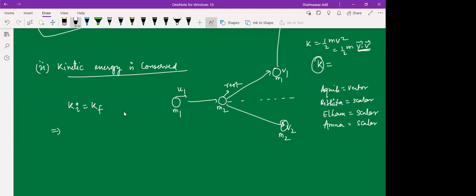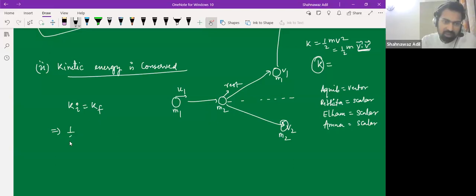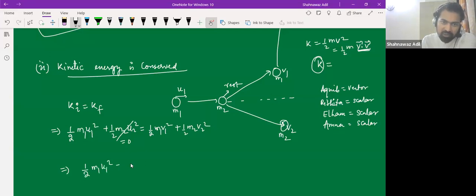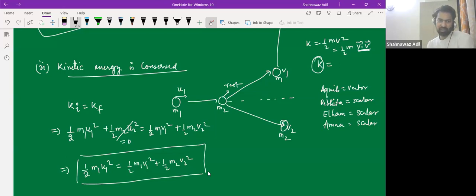In this case, kinetic energy would be, I'm writing it directly, half M1 U1 square plus half M2 U2 square, equal to half M1 V1 square plus half M2 V2 square. U2 is 0, so that term is cancelled and I have half M1 U1 square equal to half M1 V1 square plus half M2 V2 square. This one is the third relation.